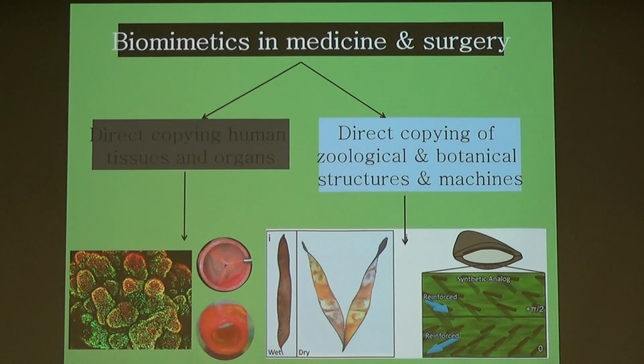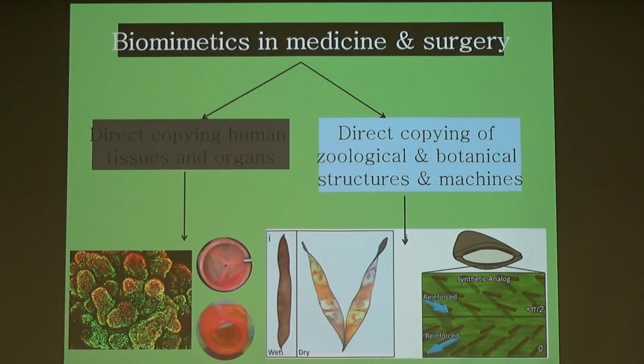I have to be careful when talking about biomimetics because medicine is inherently biomimetic in itself. We're looking at human biology, and we're trying to copy something about it when we're doing interventions, or we're trying to engineer devices or some kind of solution in medicine. It's always biomimetic because we're trying to replicate human biology, or we're trying to modify it in some way, or improve it, or regenerate it in some way.